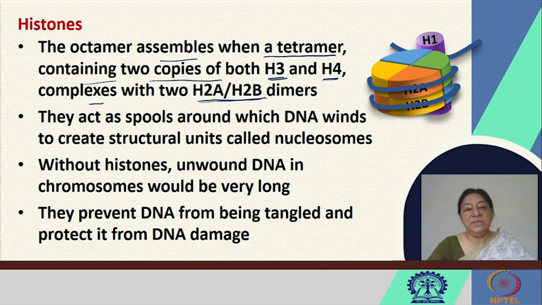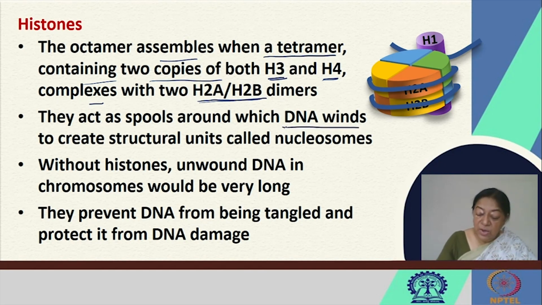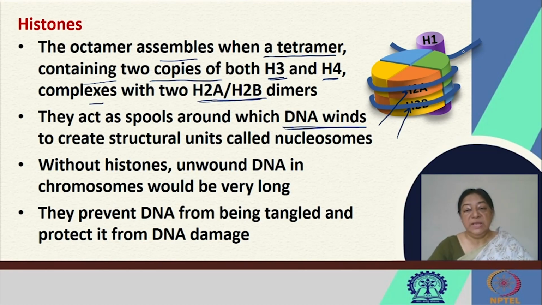This protein is rich in positively charged amino acid residues, and after the assembly of the tetramer, they act as spools around which the DNA winds, as we can see the DNA strands that are marked here, winding behind the octamer that is formed. Now, without the histones, we realize that the unwound DNA in chromosomes would be very long.